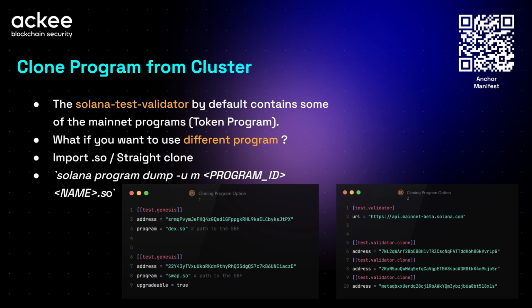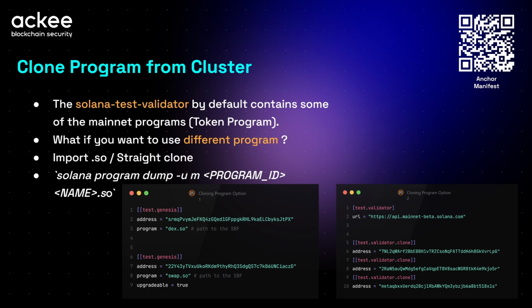You have basically two options for specifying a mainnet program that is going to be included in the Genesis. First, you can import a .so file. As I was talking about in the Rust part, you have the fixtures folder, which contains the .so file.